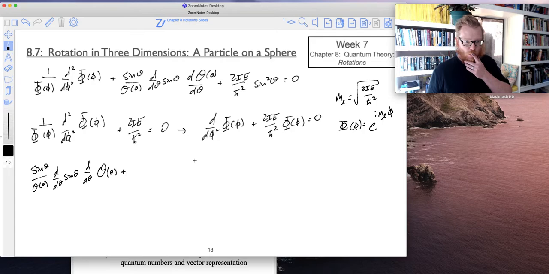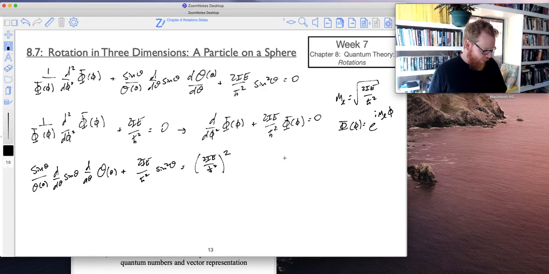And then also what happens is, oh my gosh, I'm failing at what I did here. Well, I'll write down what I have in my notes. I've got a 2ie over h bar squared times sine squared of theta equals all of these constants, 2ie over h bar squared, all squared.